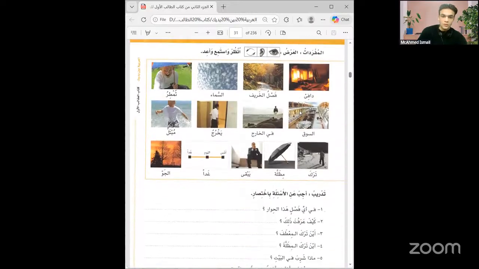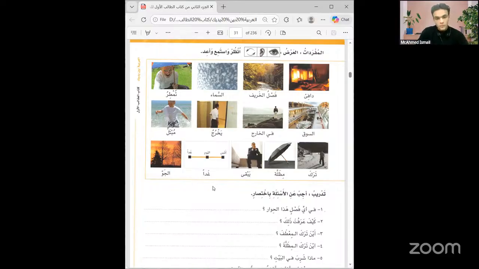And we have some important words: دافئ, فصل الخريف, the season of autumn, السماء, sky, تمطر is raining, مبتل, something wet, يخرج, go out, في الخارج, outside, السوق, the market, ترك, to leave something, and مظلة is the umbrella. And يبقى, to stay in place, for example, أنا سأبقى هنا, I will stay here.